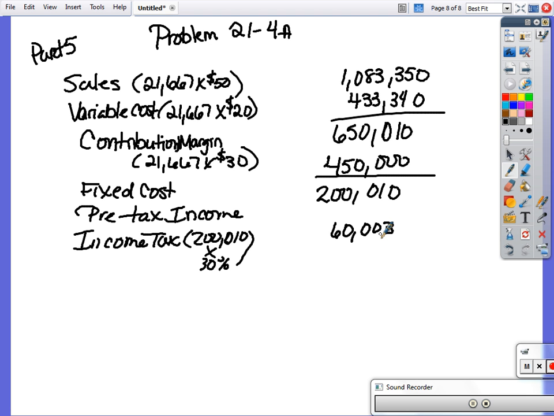And so now our net income or net loss, which one is it? Income. How much? 140,000.